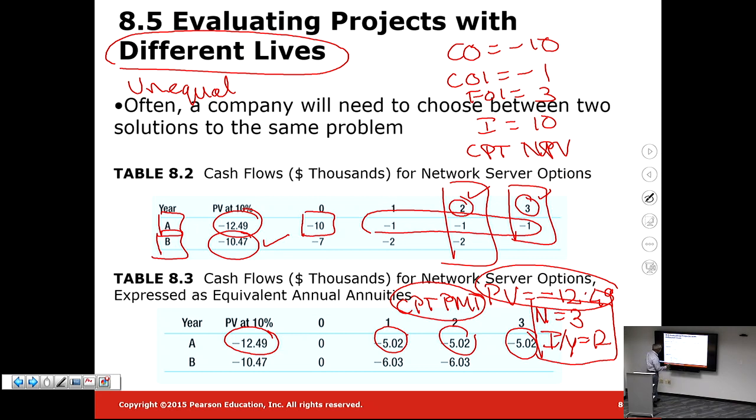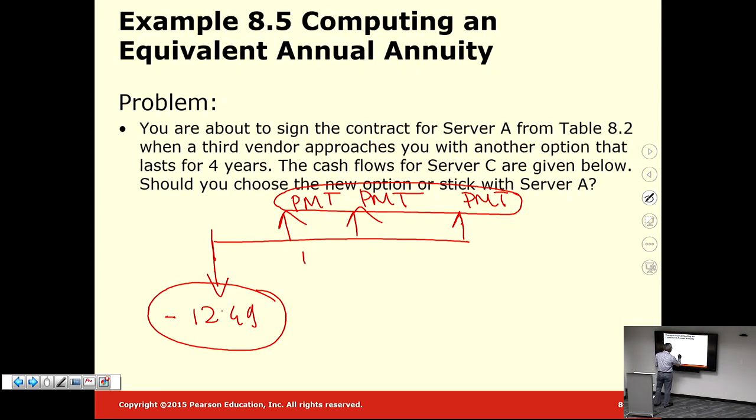I repeat the same thing for project B, and I find out that the per year cost of project B is $6,000. So now on the basis of what we call equivalent annual annuity, and these payments are exactly that, they're equivalent annual annuities. First of all, they're annuities. They're the same over years 1, 2, 3, or 1 and 2. Second, they are annual.